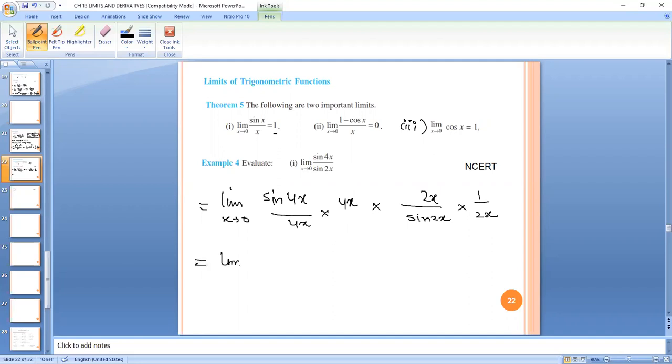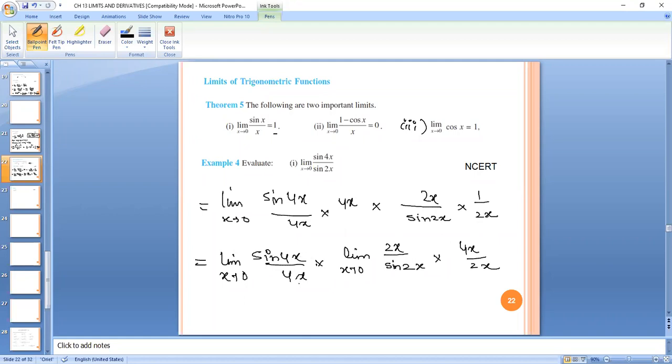So now I'll write limit x is tending to 0, sin 4x upon 4x into limit x is tending to 0, 2x upon sin 2x into this 4x upon 2x, right? All the terms I have rearranged.